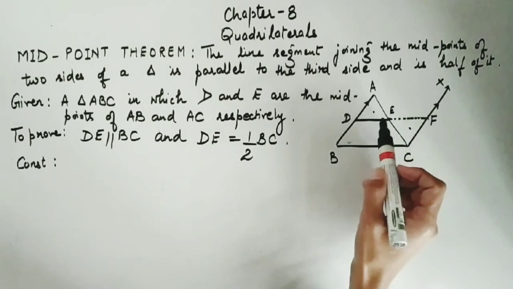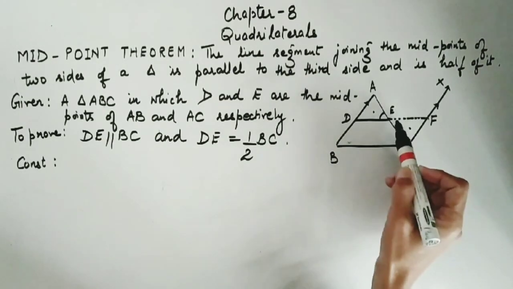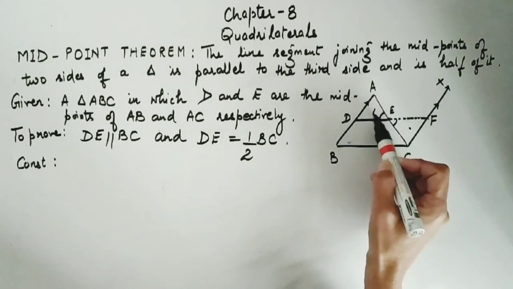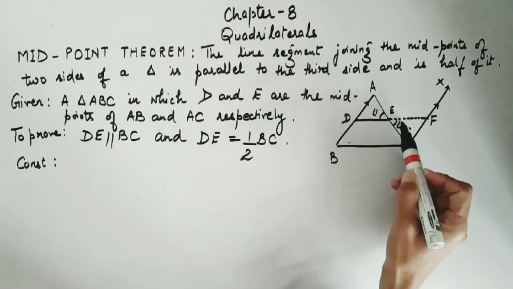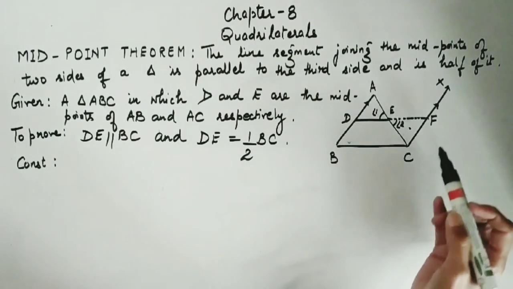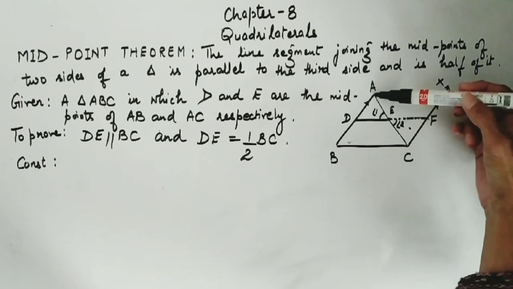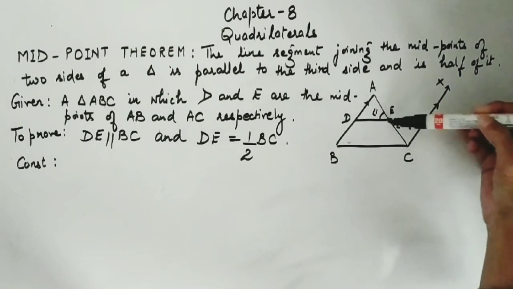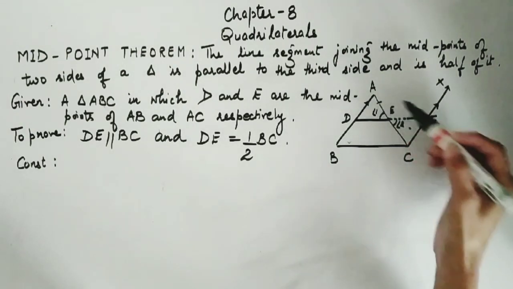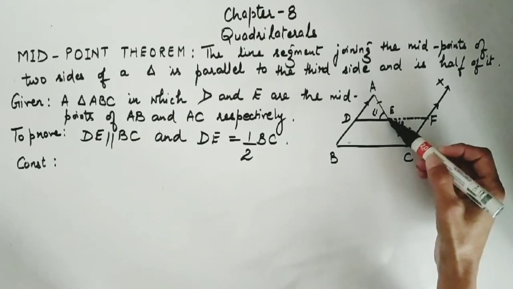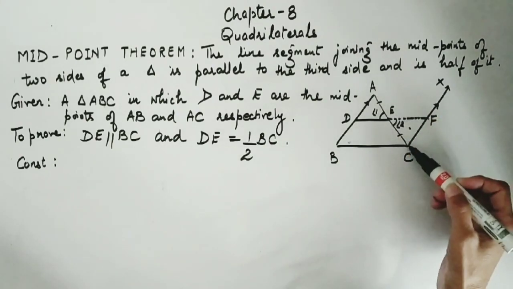First of all, angle 1 and angle 2 are vertically opposite angles. Second, AE is equal to CE, because E is the midpoint of AC.